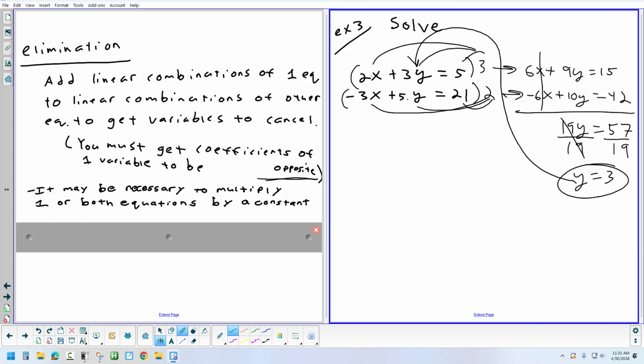So that'll give you 2x, plus what's 3 times 3? 9, equals 5. Minus 9, and that would mean x is going to equal -2.